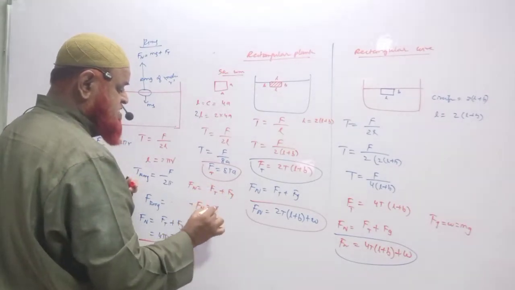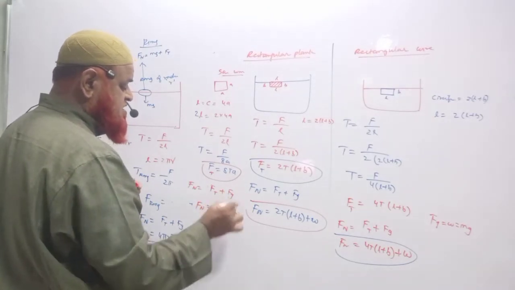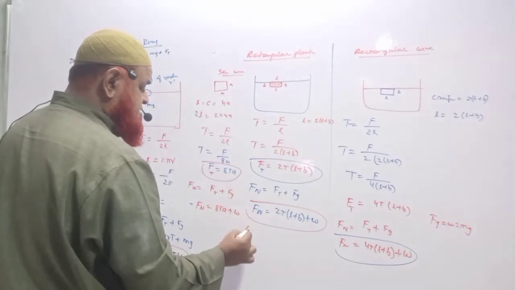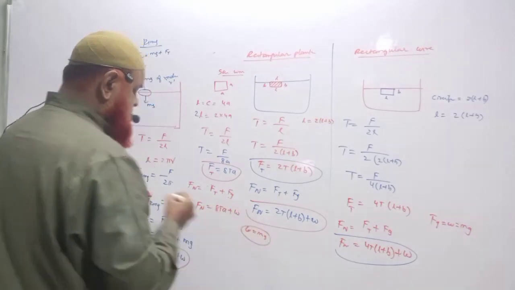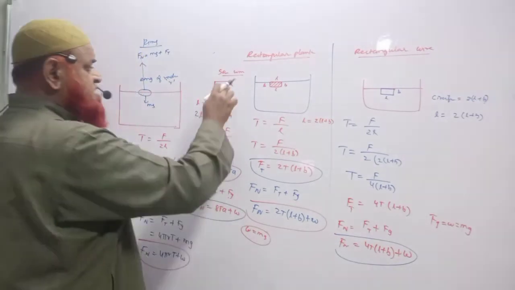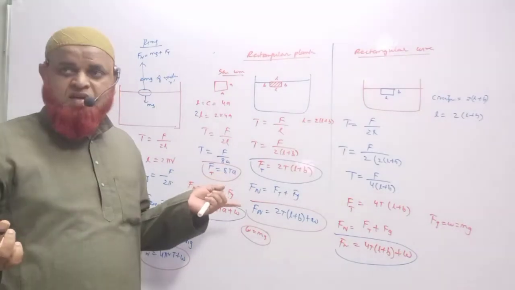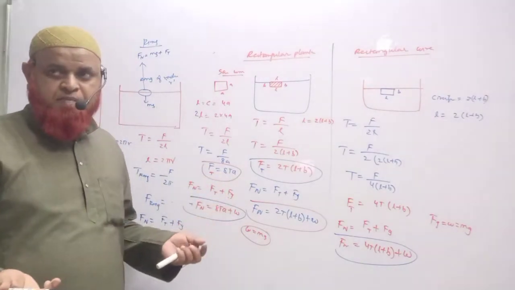So the net force is 8TA plus Fg, where Fg is equal to weight, which can also be taken as mg. This is the formula we are writing here. Now, if it is a square plank, just 4TA. That's it. Replace with 4TA.